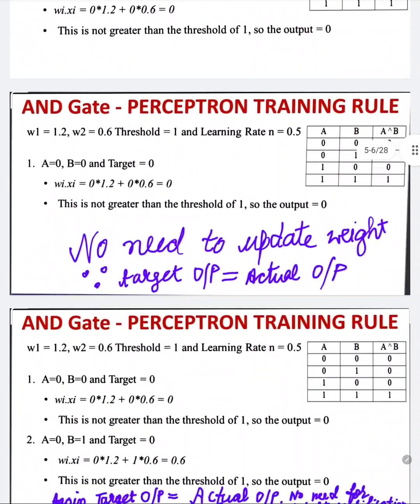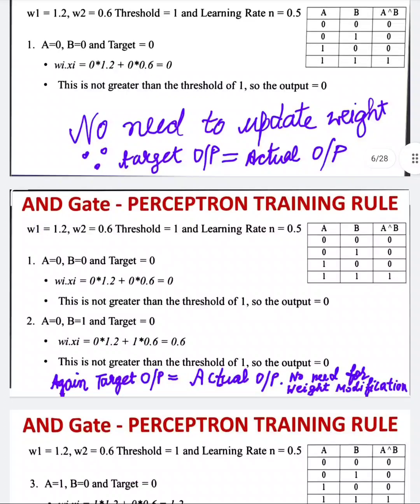The next training example is the second row. For this training sample again we do 0 into 1.2 plus 1 into 0.6. The target is 0, but what we get is 0.6. Now we have a function related to the threshold value.